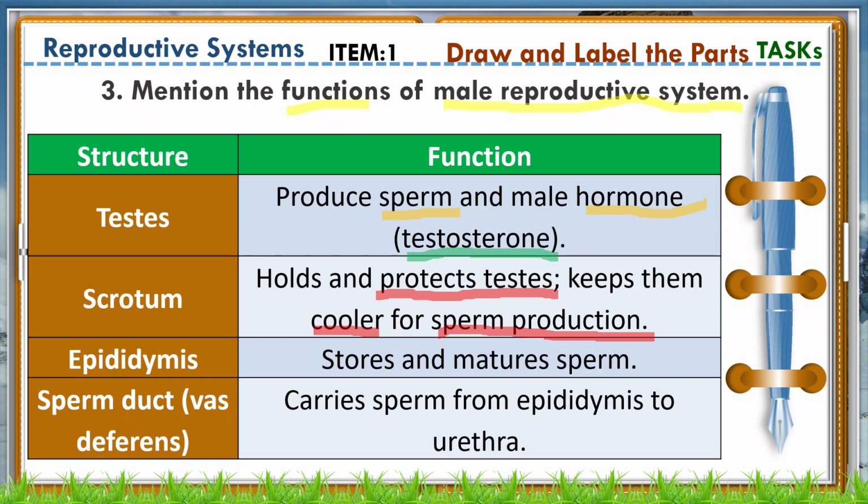The epididymis's major part is to store and mature the sperms. When we come to the sperm duct, what we call the vas deferens, it carries the sperms from the epididymis to the urethra.